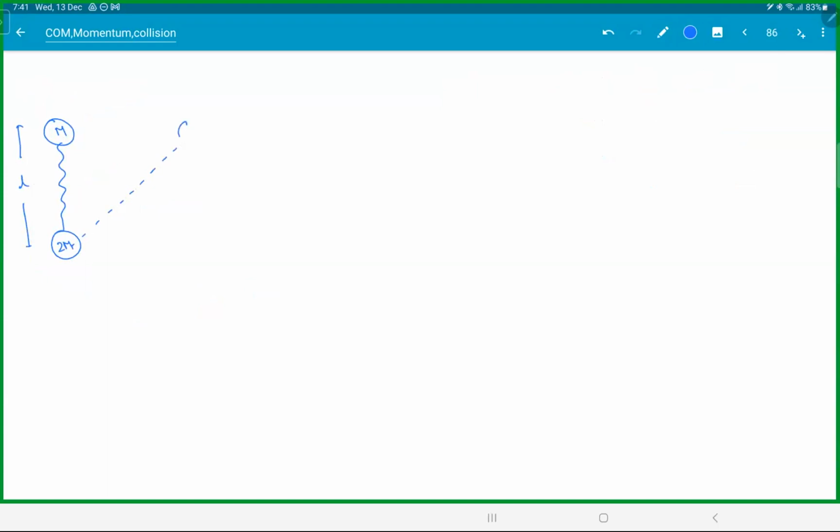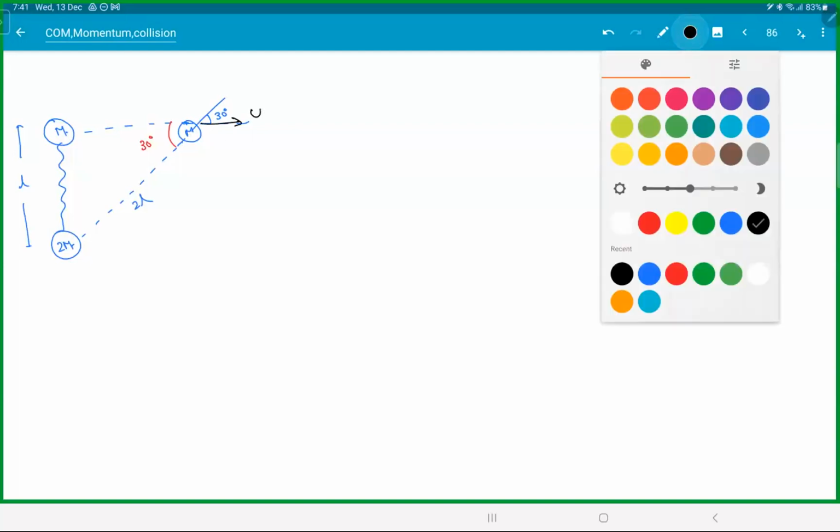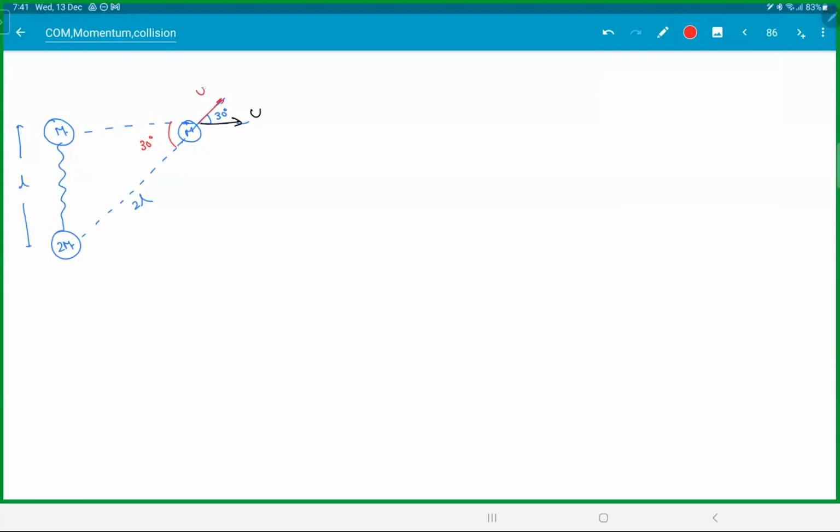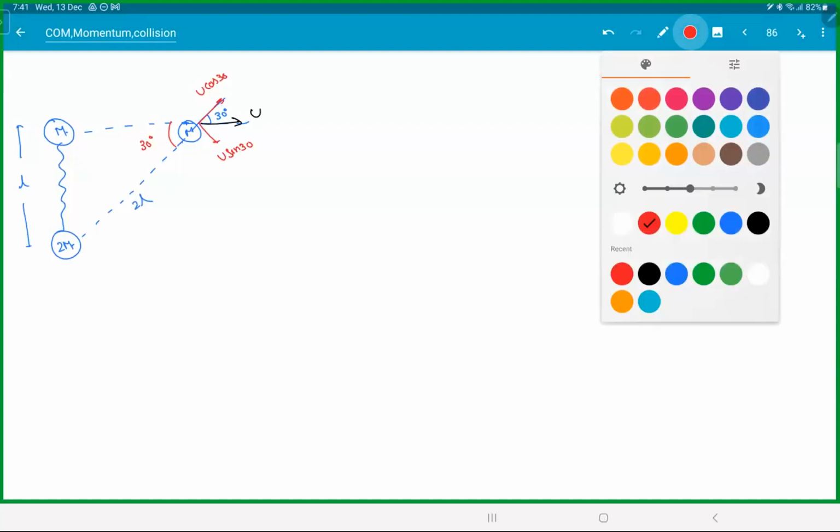When this guy reaches here, this length is L, so this angle is 30 degrees, and this angle is also 30 degrees. If you look at this velocity u here, it has two components, u cos 30 and u sin 30. Now why is this important?